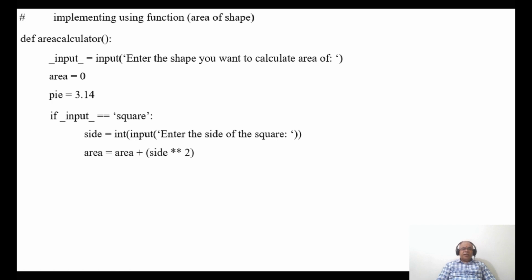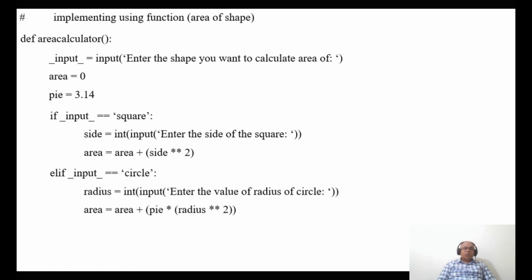Suppose I want to find out the area of a circle. So elif input is a circle. If I want to find the area of the circle, what do I require? My requirement is to give the radius of the circle. So I will call this radius, with int input, because always the input is taken as a string, so I am converting the value into an integer.